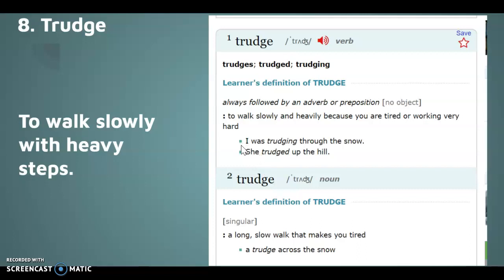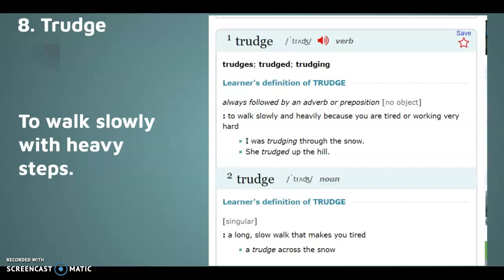And if you think about walking through deep snow, that's slow, hard work that can be very tiring. But it doesn't have to be something that's really tiring. Like if someone's dejected, remember dejected from last week, very sad about something, they might be trudging along or walking very slowly, maybe with their head hung and slouched shoulders.